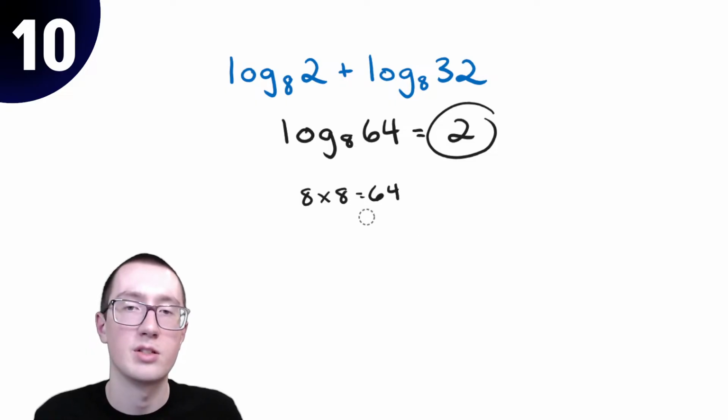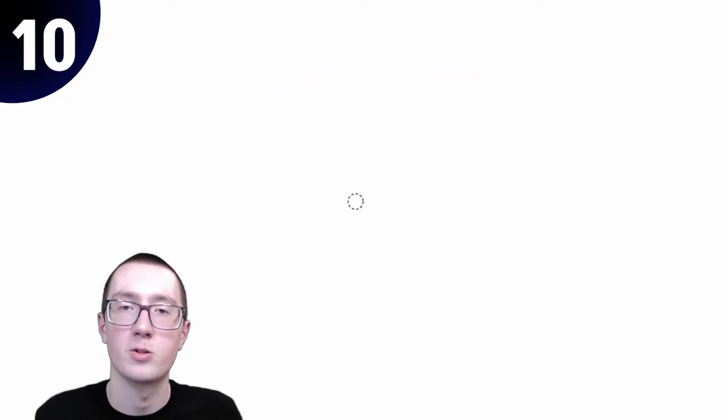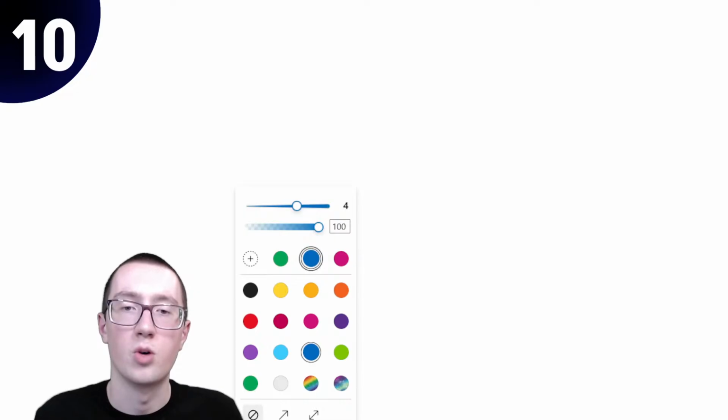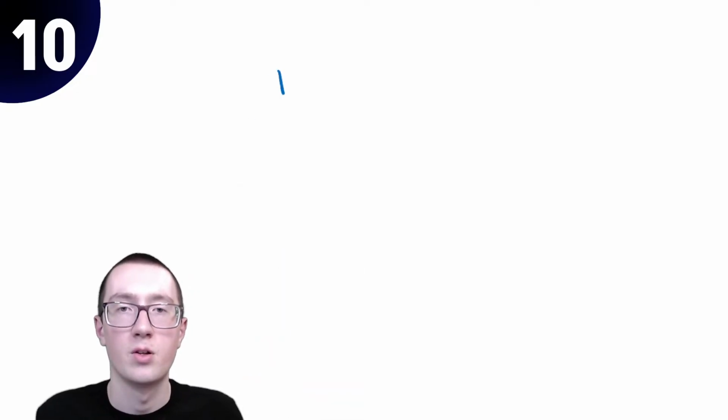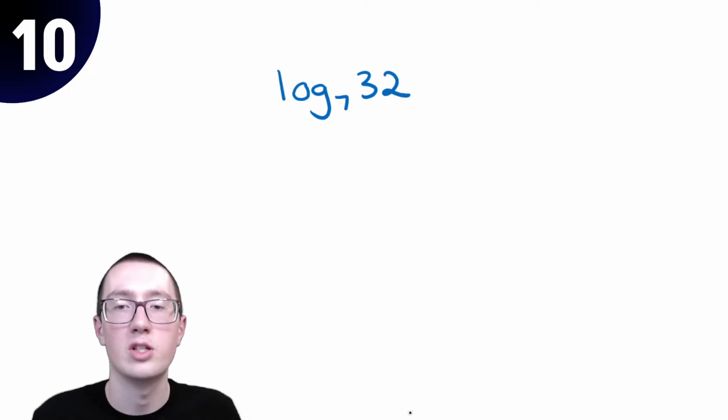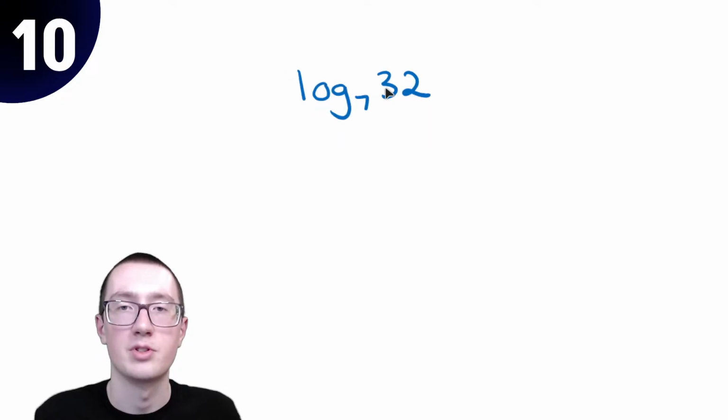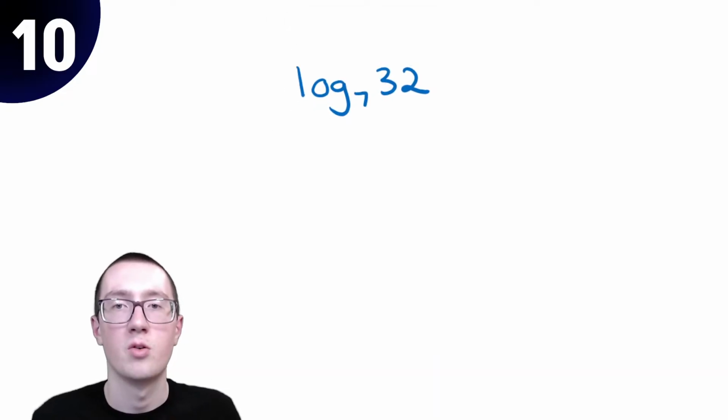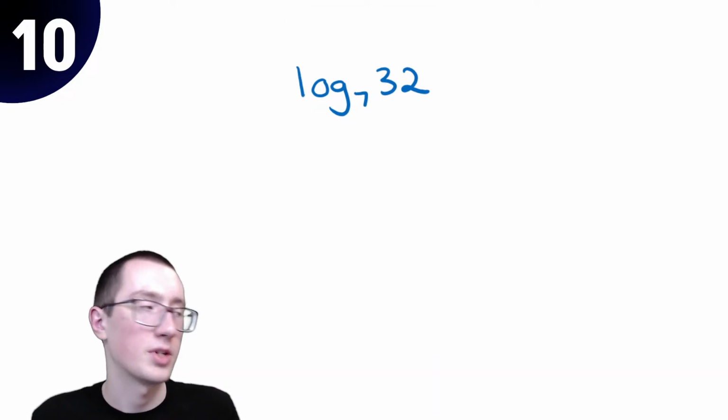Now, this isn't one of the problems I wrote down, but I also want to go over what would happen if you had like log base 7 of 32. This would be a confusing mess of decimals, and no one wants to do this, right? Well, here's how you can put any log into a calculator.